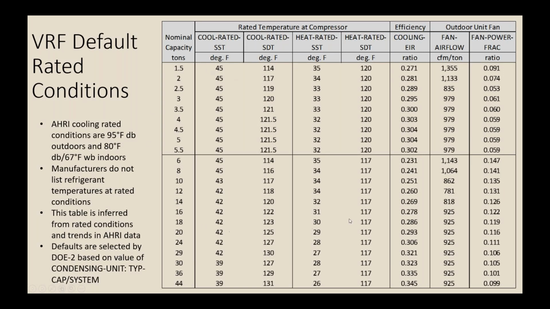So this is that big table I mentioned a few minutes ago. These are default values that automatically come up in the program based on the size of the unit that you specify. There's a keyword called tip cap per system. That identifies the capacity of a typical system, and its whole purpose is to do a lookup in this table for the rated temperatures corresponding to a given size unit.